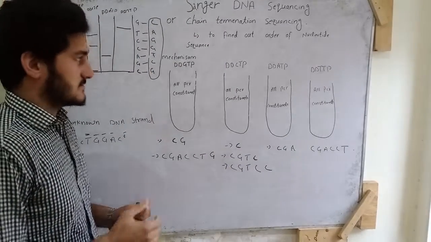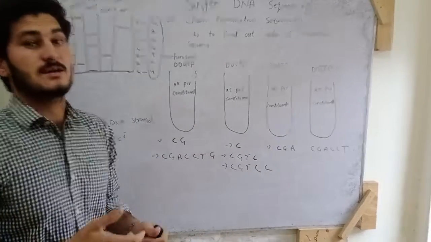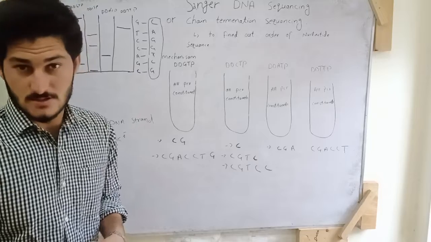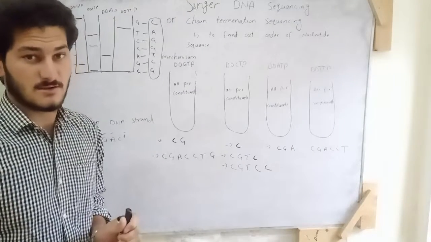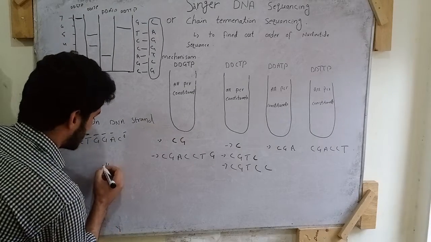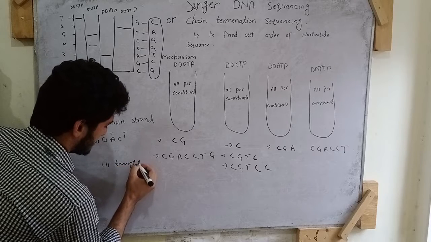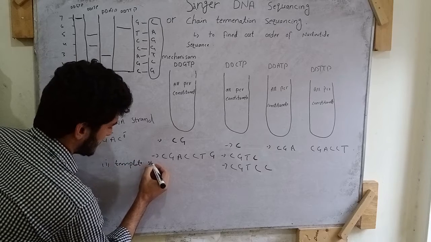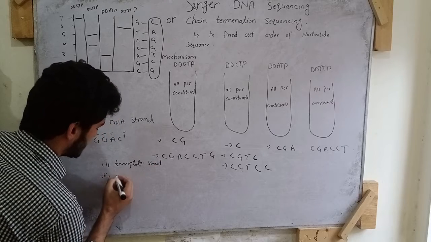First of all, we have to know what types of constituents are used in the Sanger sequencing method. The first one is a template strand of DNA. The second one is a primer.